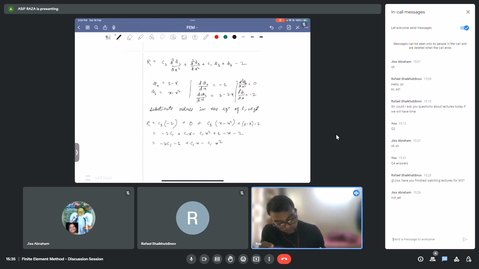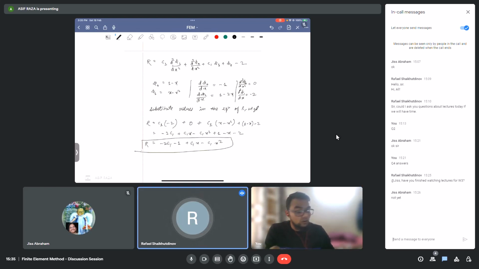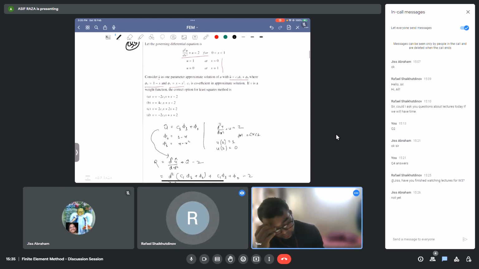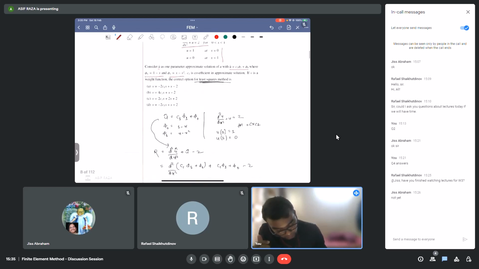Okay, so there are no options here. Correct answer would be this. No, no, sorry, we need to take the derivative. Weight function, weight function. I'm sorry, so this is my residue. Now we need to find the correct option.